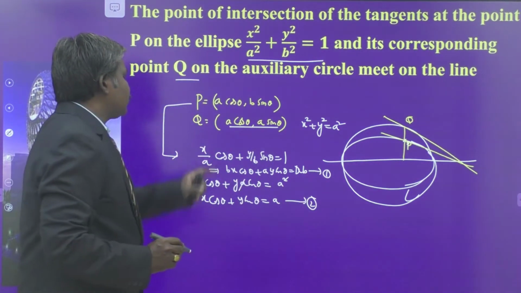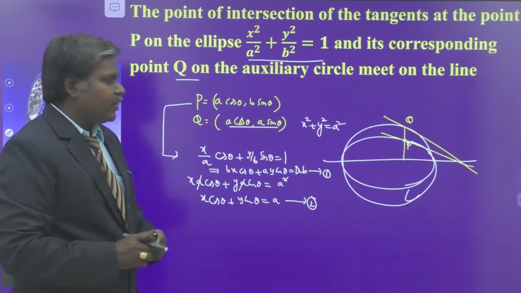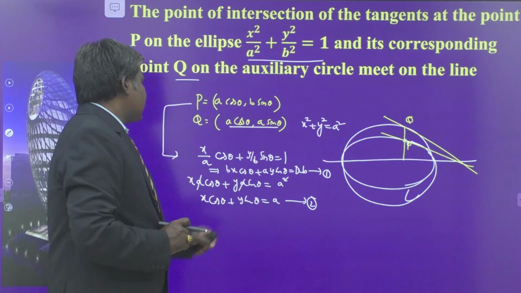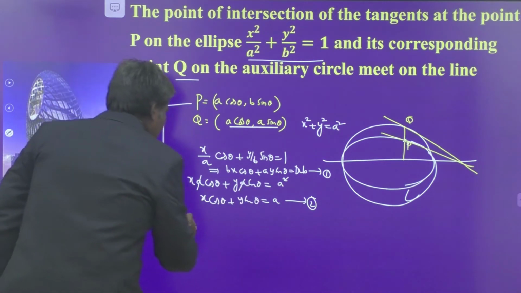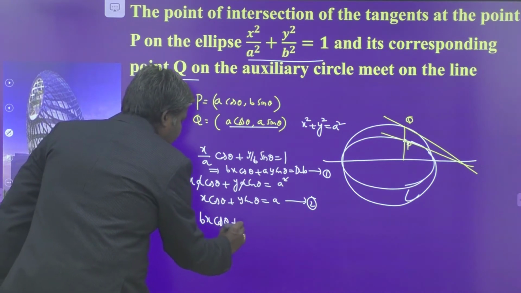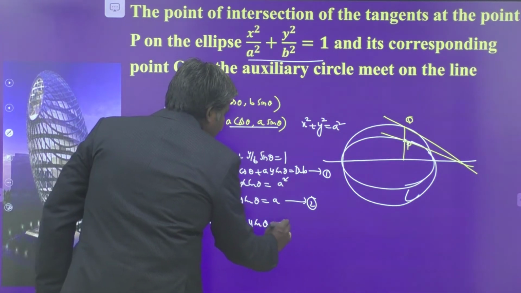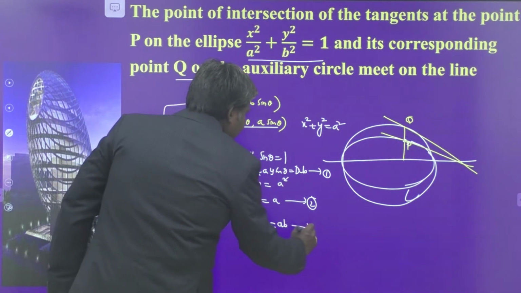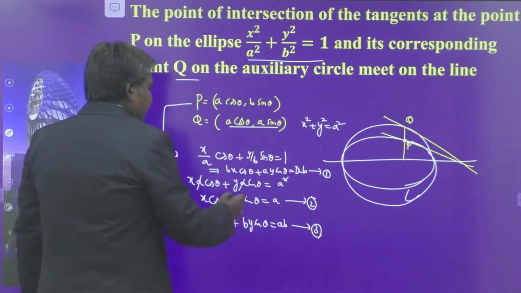We have to solve these two equations, and find where that point of intersection lies. This is bx cos theta, this is x cos theta. So multiplying on both sides by b, we get bx cos theta plus by sin theta is equal to ab. Now subtract 1 from 3, bx cos theta gets cancelled.